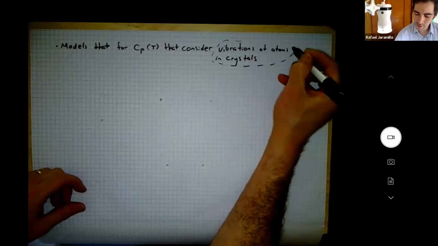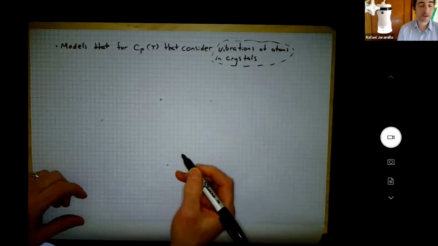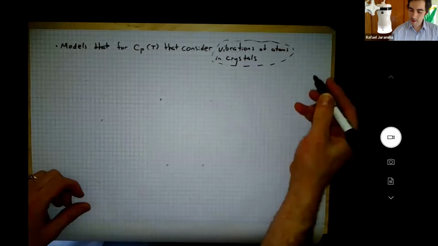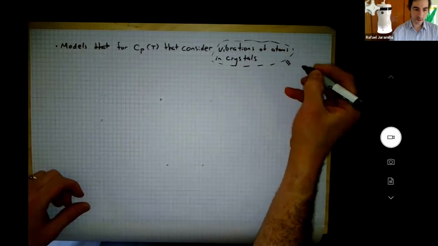That's what we just drew. We drew a simplified model of vibrations in atoms and crystals. There's a word for these. What are vibrations of atoms and crystals? Those have a fancy name.